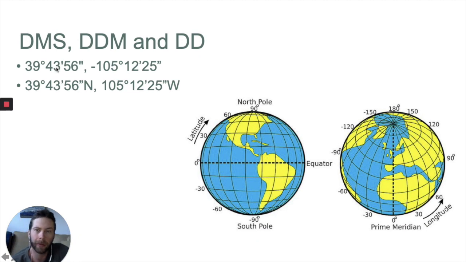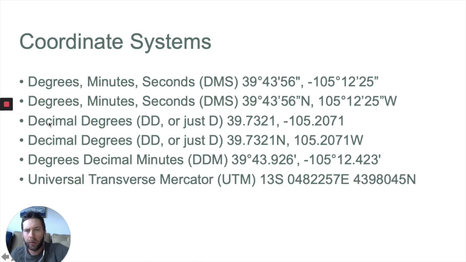Okay. So before we move on to UTM, I want to go back really quick. We just talked about degrees, minutes, and seconds, but now we have decimal degrees, and also degrees and decimal minutes. Okay, and I don't want to get too far into these because it is a bunch of mathematical equations that goes into breaking your degrees, minutes, and seconds down into what fraction or decimal of a degree those are.